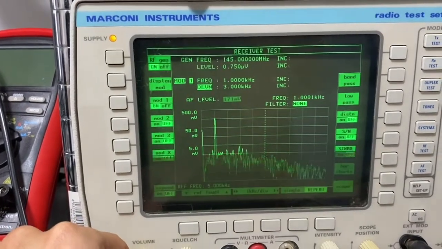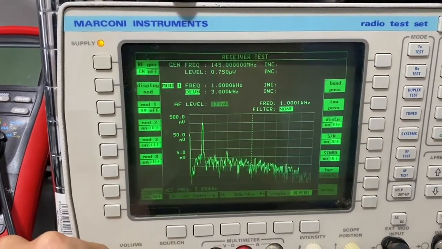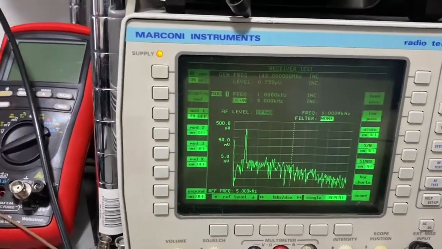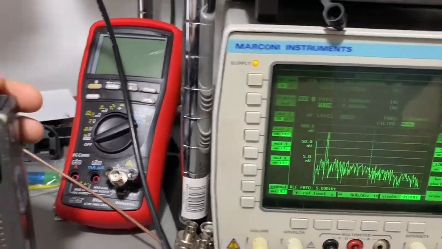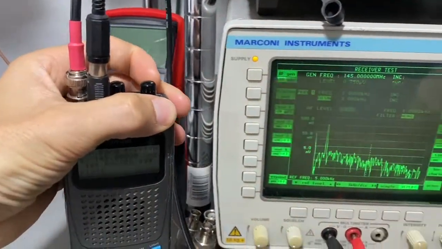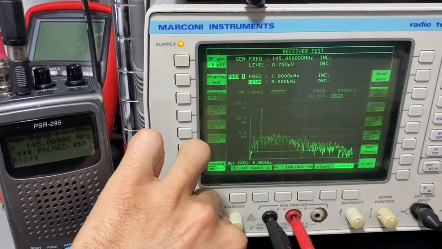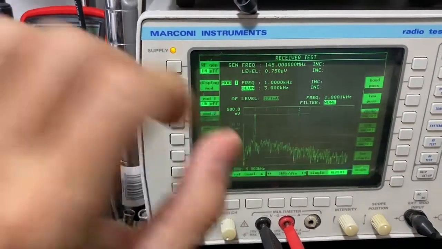Now what happens is that I'll show you one thing. If I increase the volume here on the scanner, we will see what happens.